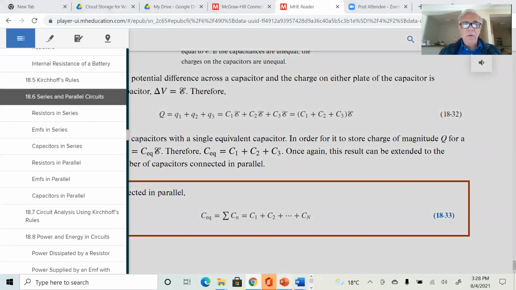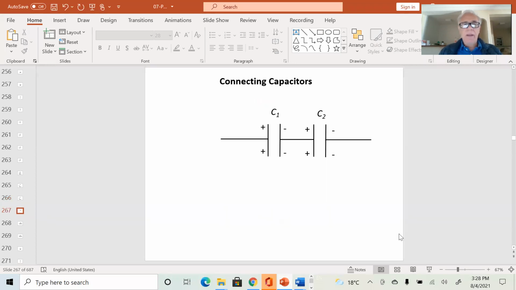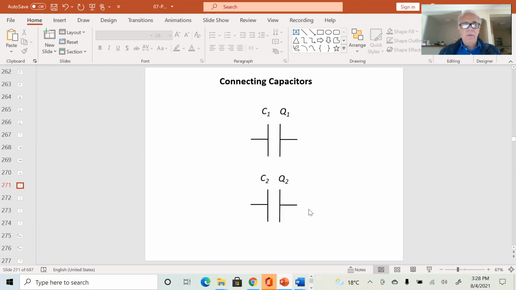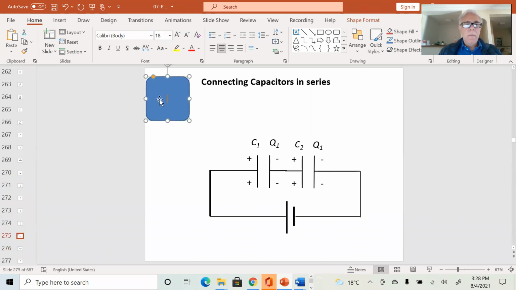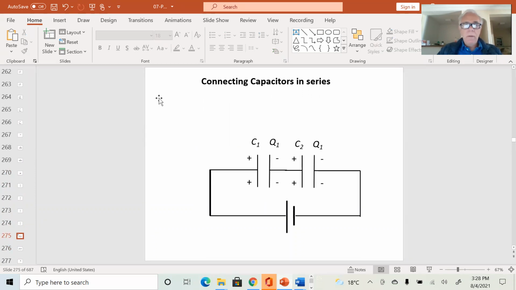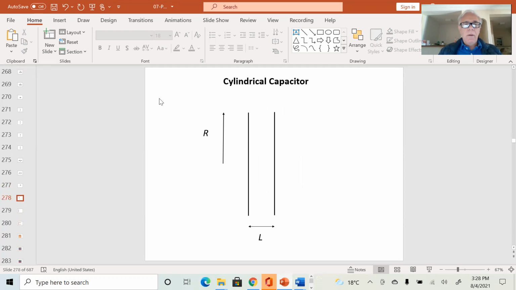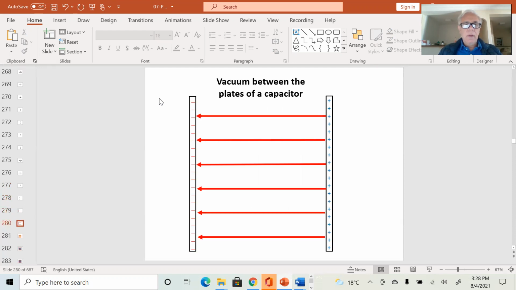Let me show you what I have here. Let's see if we have something else here in my notes. Capacitors in series. Yeah, just a repetition of what you saw before, right? Connecting capacitors.